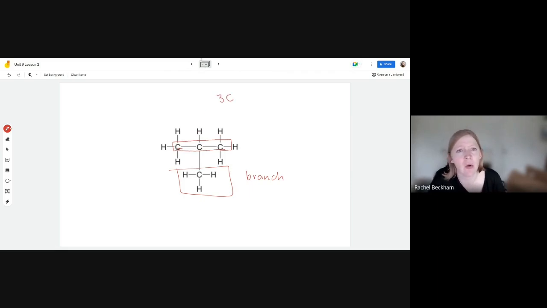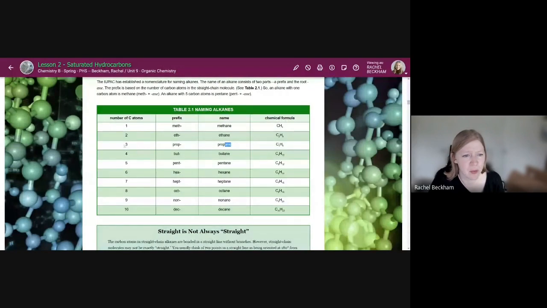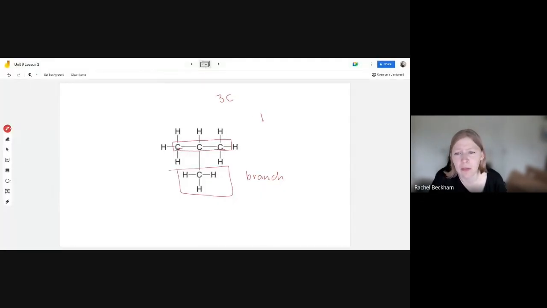And so we're going to go over to our table. The prefix for 3 is pro or prop. And so the name for this is going to be propane. And that takes care of naming this part right here because pro means 3. But how do we name this branch?